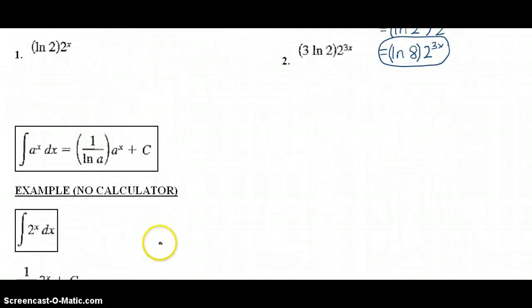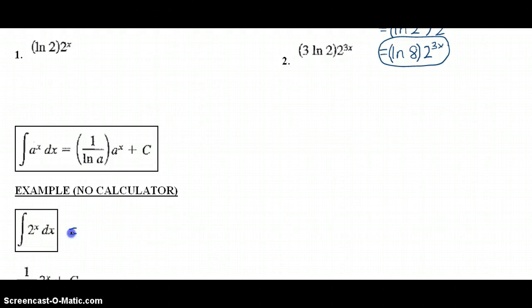So we have one example, and this is kind of a rare type of integral. It does happen from time to time. So if you were going to integrate 2 to the x power dx, there's no need for a u sub because x is by itself in the exponent spot.